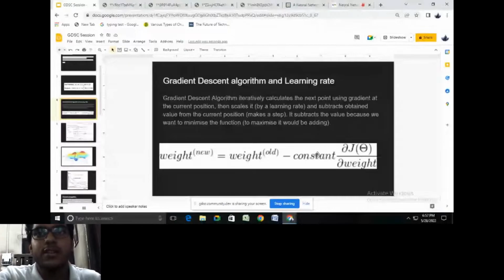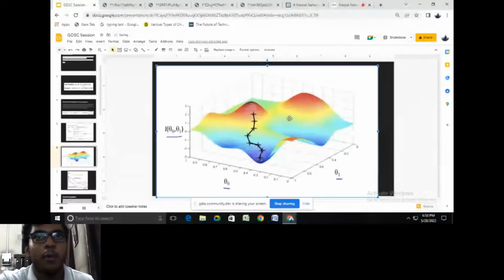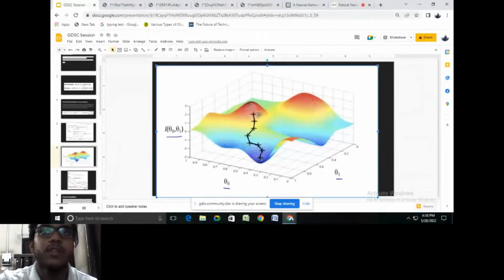And the constant that we see here is what we call the learning rate. The learning rate is actually the length of the step that should be taken downwards this hill. In this picture, as you can see, the points are marked by some crosses, and the length of each stride between these points gives a measure of the learning rate.